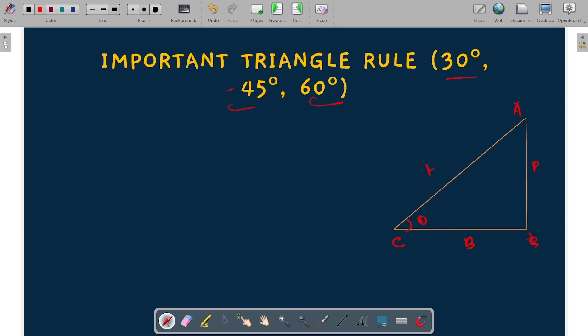For the 30 degree triangle, tan 30 डिग्री का वैल्यू होता है 1/√3. 1/√3 means perpendicular by base.